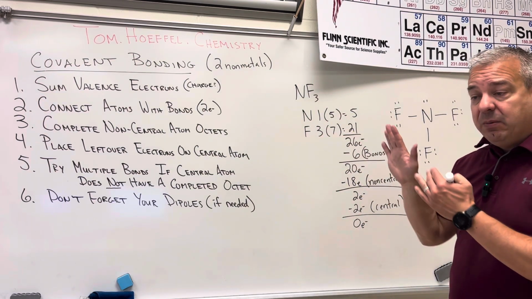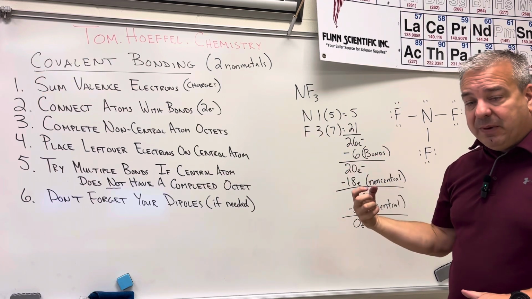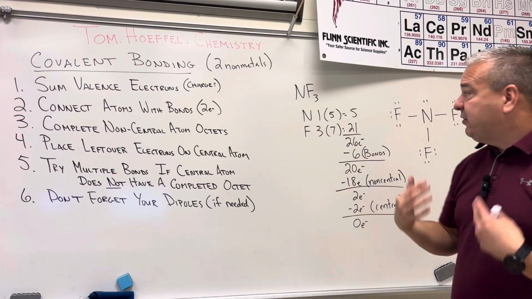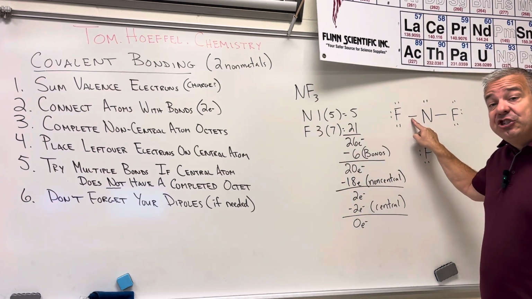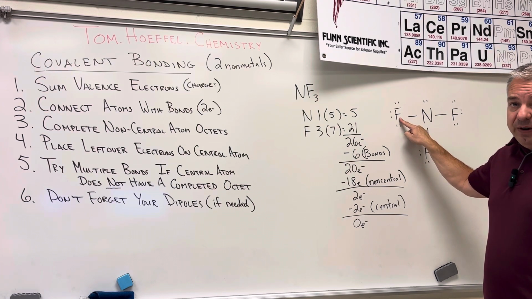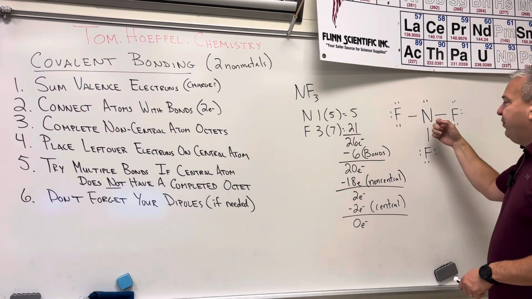It's up and to the right on the periodic table the most, okay? And when elements are up and to the right on the periodic table more, they do a better job of attracting electrons. It's only going to be the shared electrons that are pushed towards the fluorine because fluorine has a stronger electronegativity than the nitrogen.